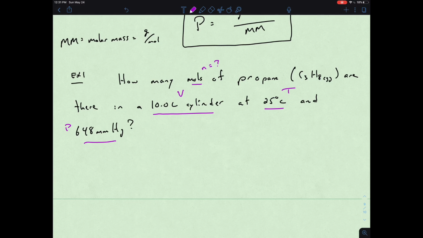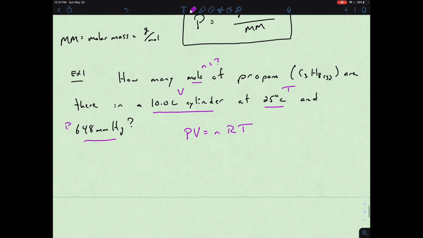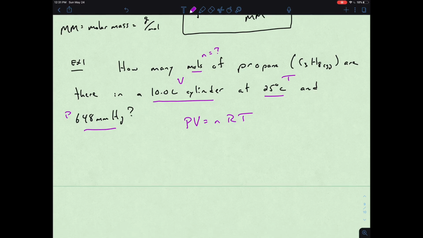So this is obviously pointing us to just the ideal gas law, right? There's no two sets of conditions, which might point us to more of those simple gas law relationships. But in this case, there's only one set of conditions.